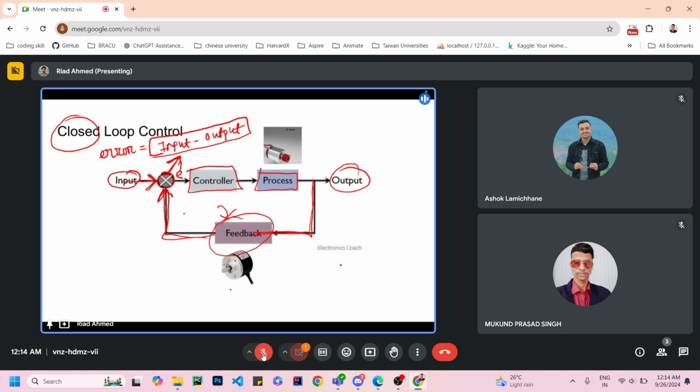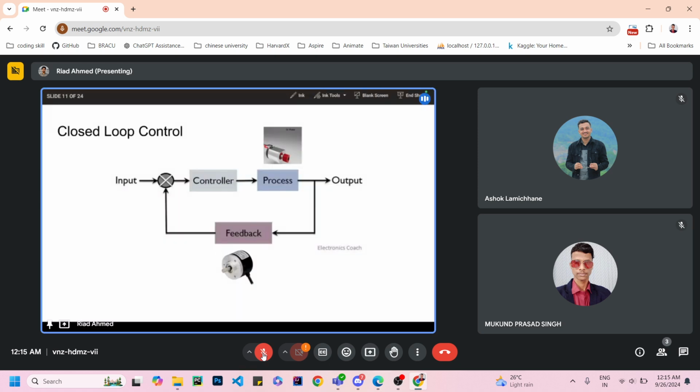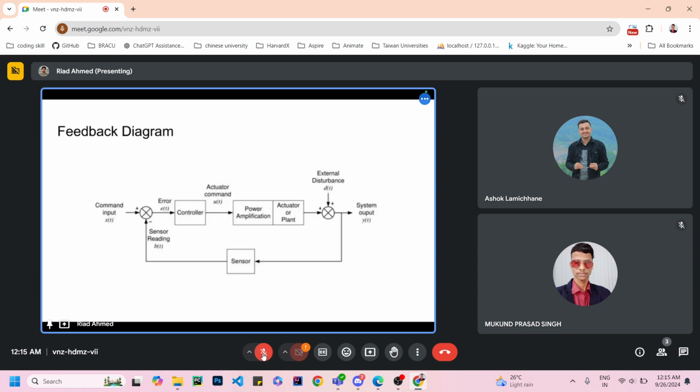But open loop control is very simple, and it is not used in a variety of systems. It is only used in some specific scenarios where the system is very simple. But closed loop control is used in most applications.